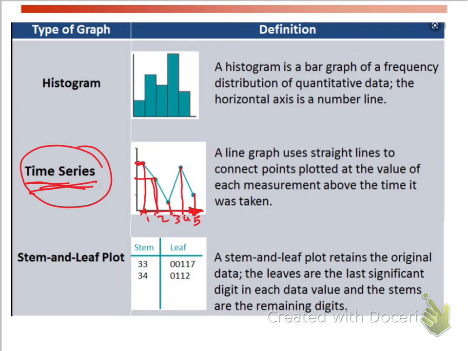Connecting these points together by straight lines gives us the line graph: this point to the next point by a line, and so on. This is called a line graph, and if the x-axis is time, we call it a time series or time graph.